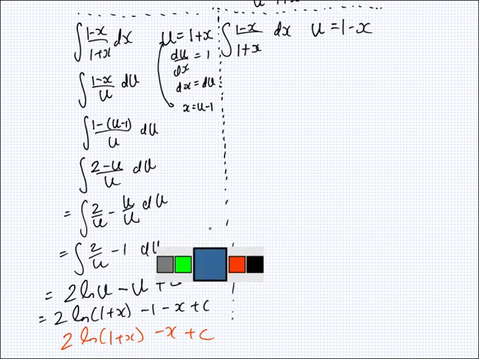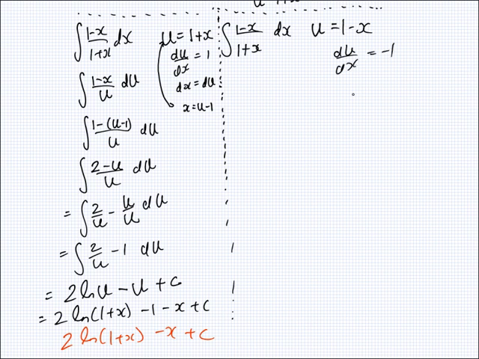Now, let's see what happens if we opted for the numerator. Isn't u 1 plus x? Yeah, but it's minus u. So it's minus 1 minus x. Let's see. So what does du dx equal here? Minus 1. So that means dx equals minus du. So this becomes integrate u over 1 plus x negative du.